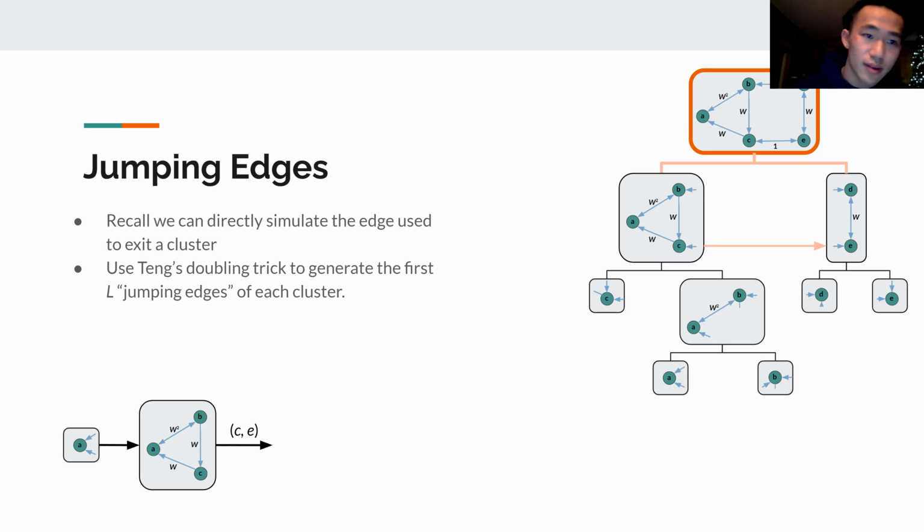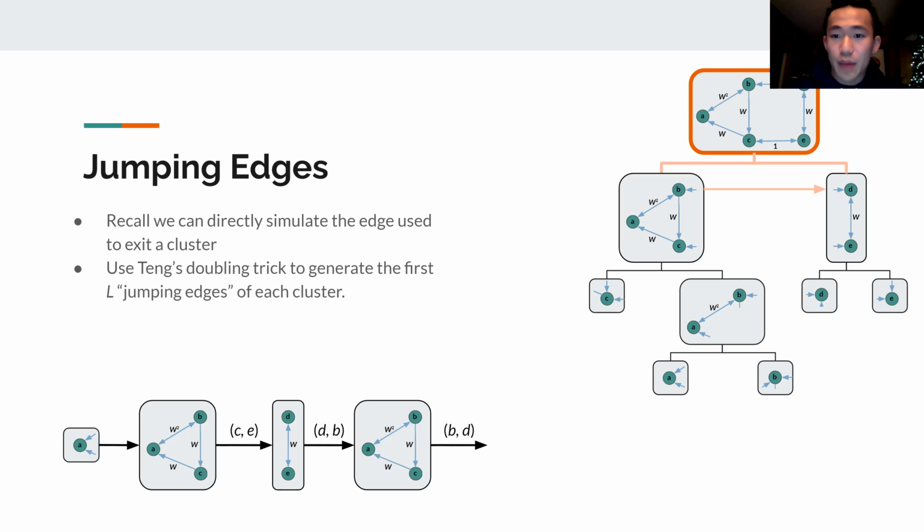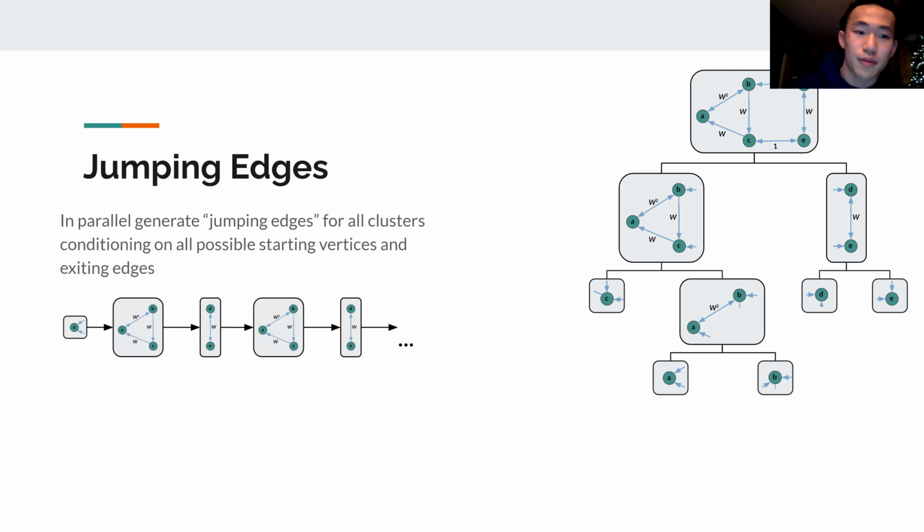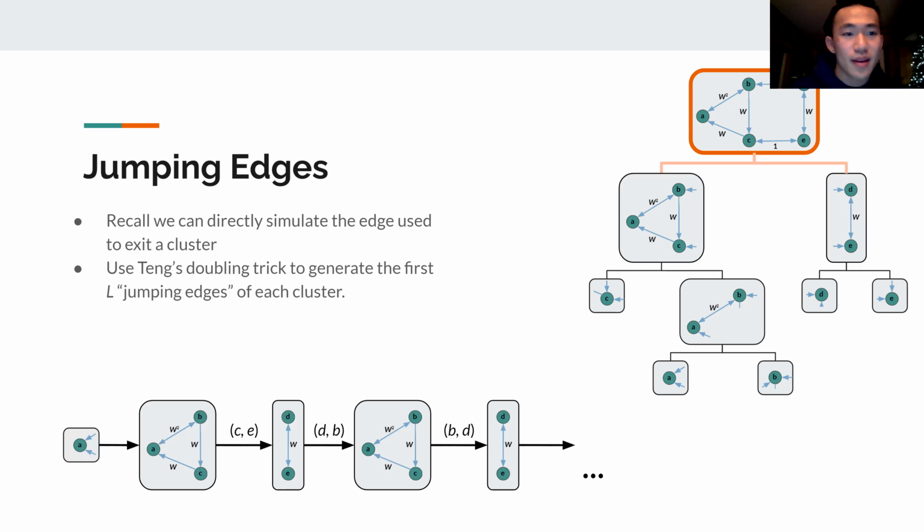And once we're in CE, that means our random walk is currently at vertex E in this cluster of DE. And ultimately, again, we'll exit through some edge, which we can randomly simulate without worrying about what the random walk is doing before taking that exiting edge. And we can repeat this process back and forth for some fixed L number. And then that gives us this transcript.